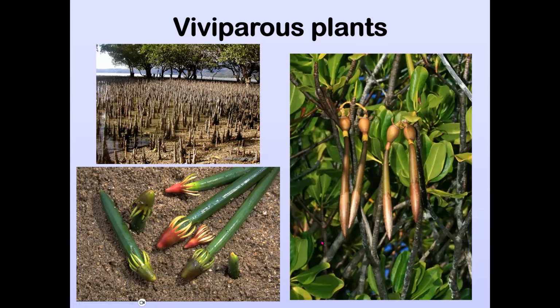Not nice. Now, we said they are viviparous, which means they grow live young. So here are two versions. So they're the seeds in there, or this part here, and these drop, they're heavy, so they fall in a way that they actually fall into the mud, and they go a fair depth into the mud.